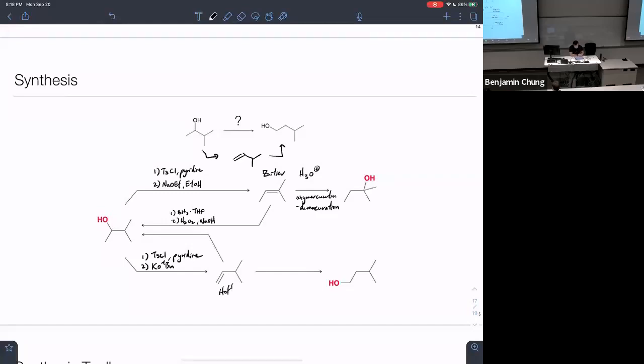So this is the Hoffman alkene. And then here we are forming the anti-Markovnikov alcohol. And to get that, we do hydroboration oxidation, same as here. So that is that.